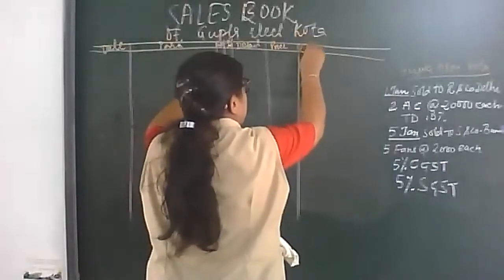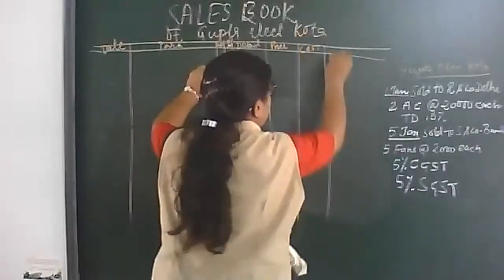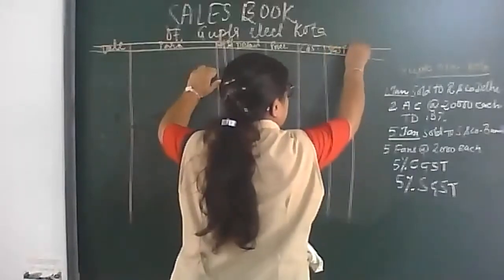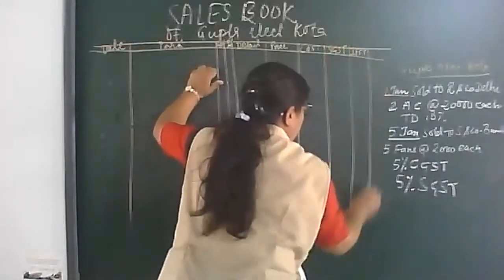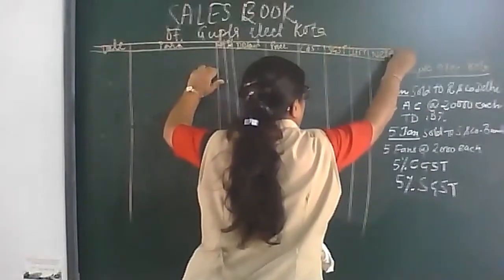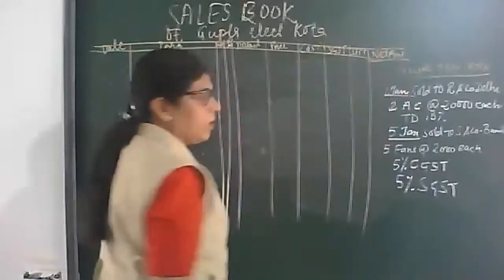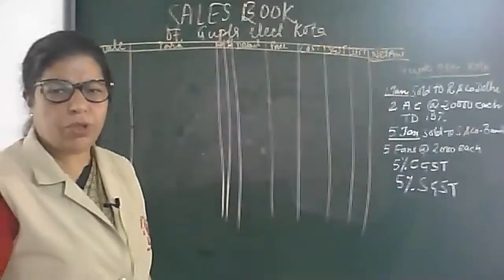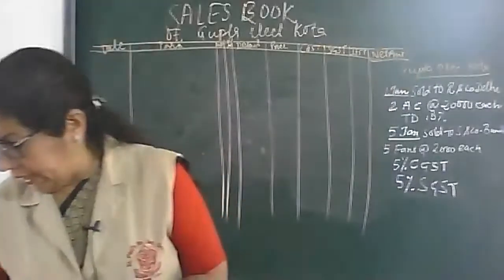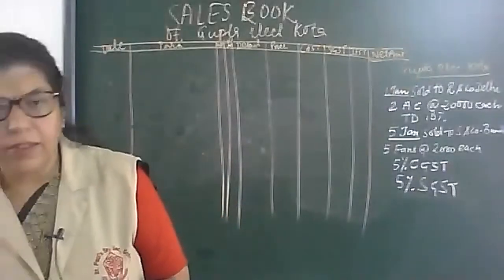One column is CGST, another is SGST, then IGST, and then the last, net amount.